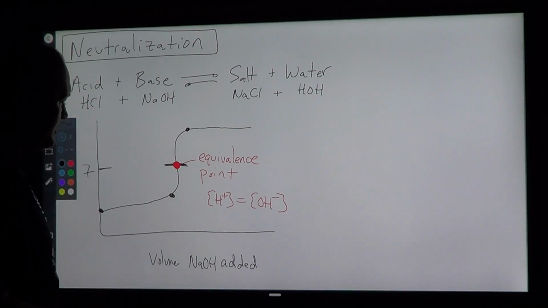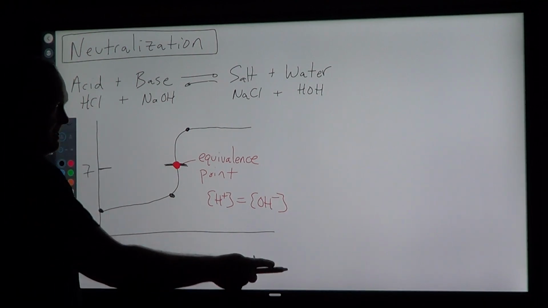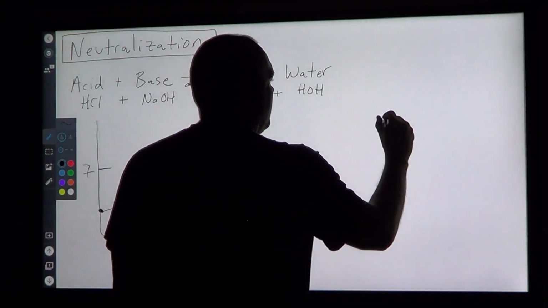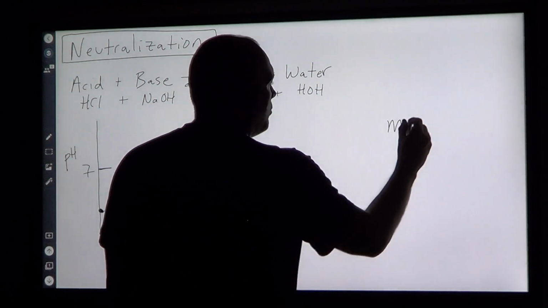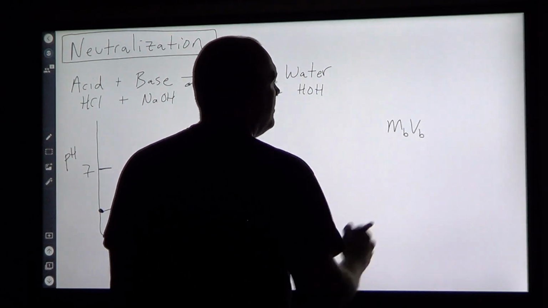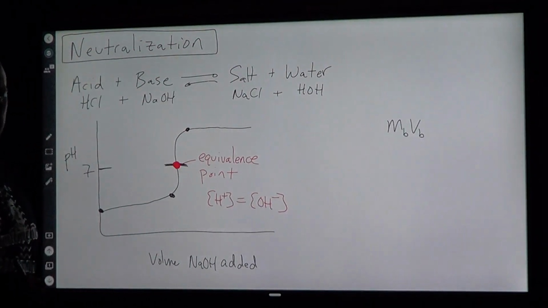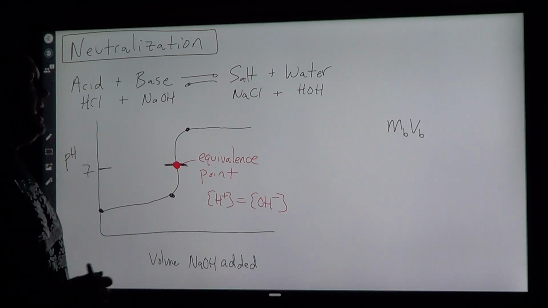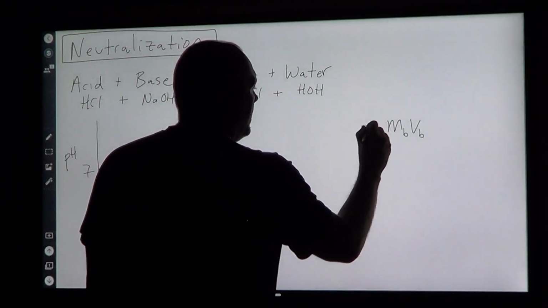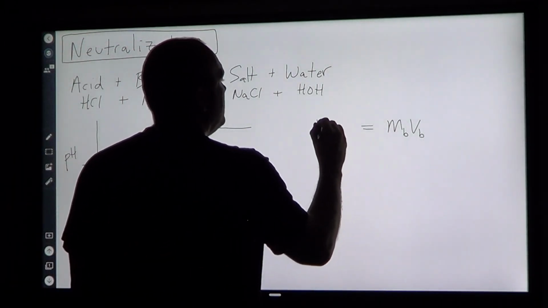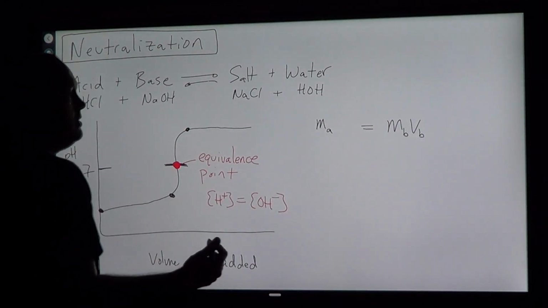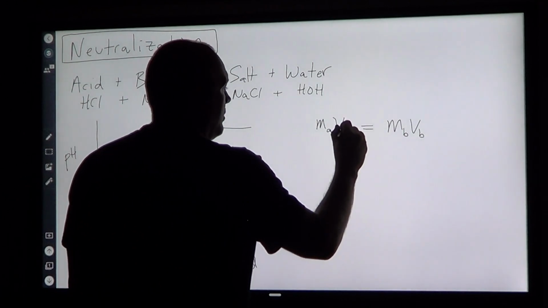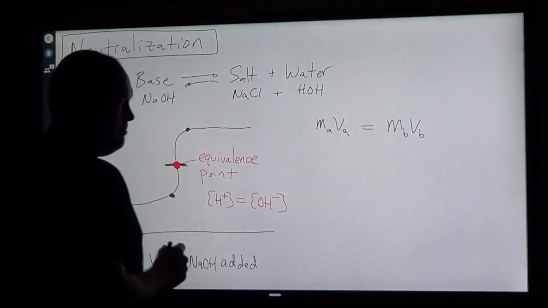When we measure this base, we know that the base has a molarity, and we're using a specific volume of it. And we're trying to reach a point in which the molarity of the acid that we started with, which we don't know, also had a volume.